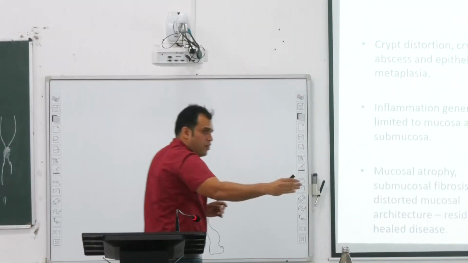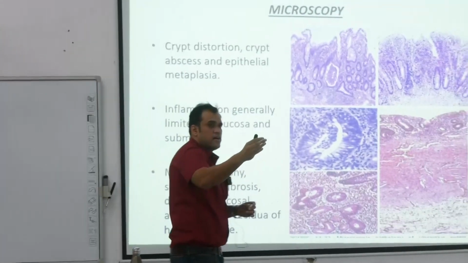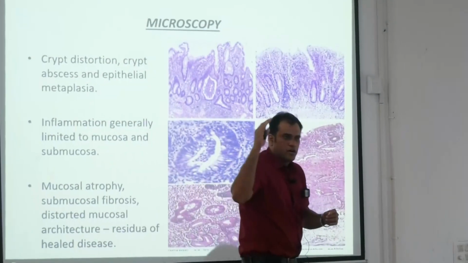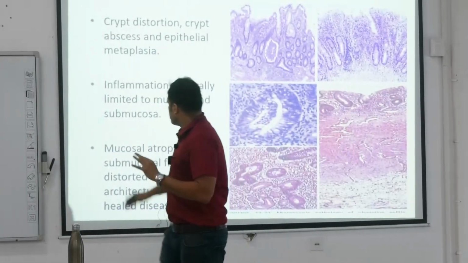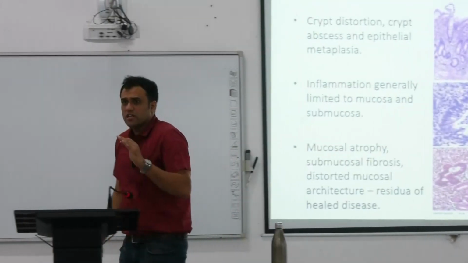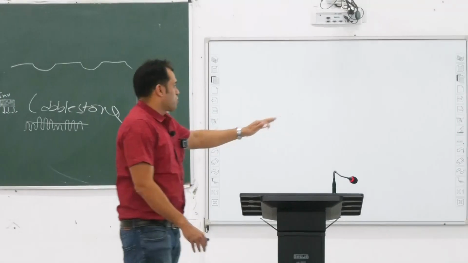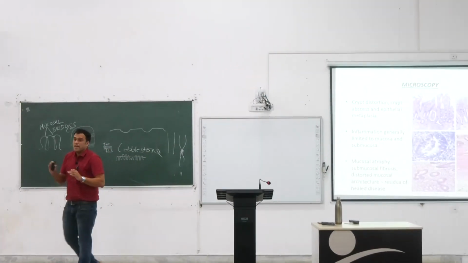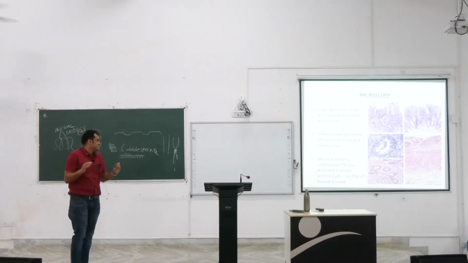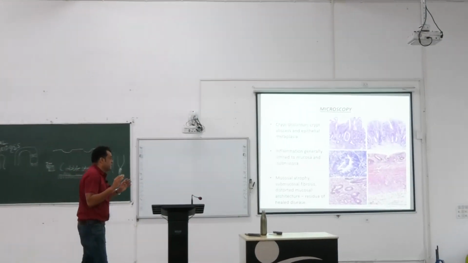Crohn's has transmural involvement, whereas ulcerative colitis extends up to the mucosa and the submucosa, not more than that generally. And mucosal atrophy, submucosal fibrosis, distorted mucosal architecture, these are all residuals of chronic disease.